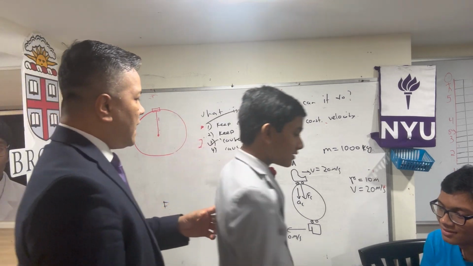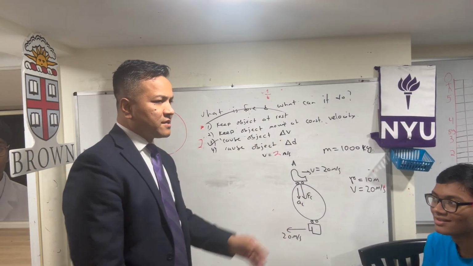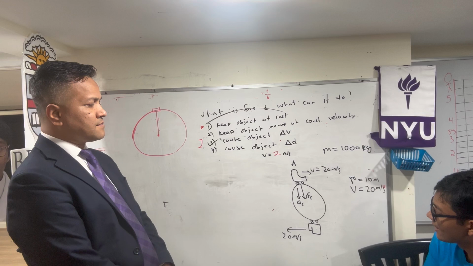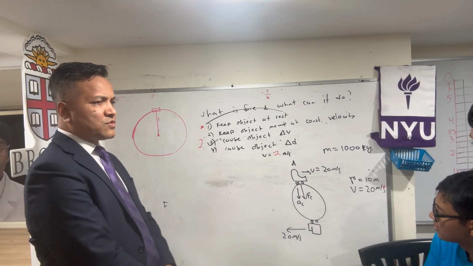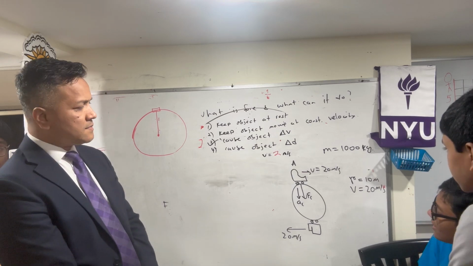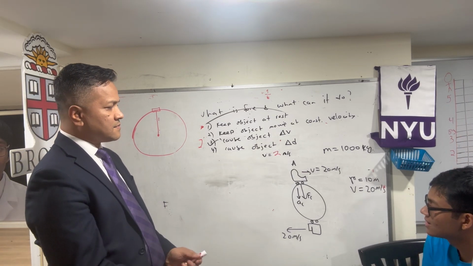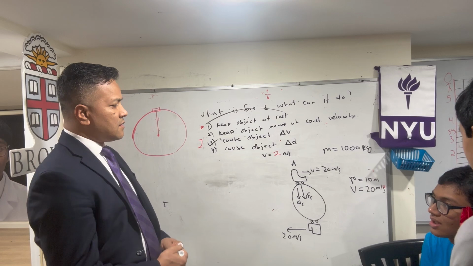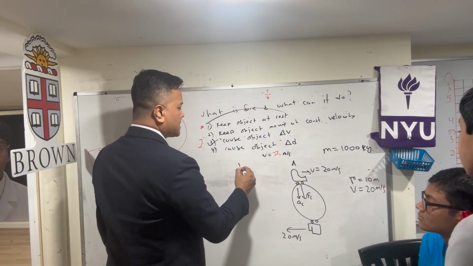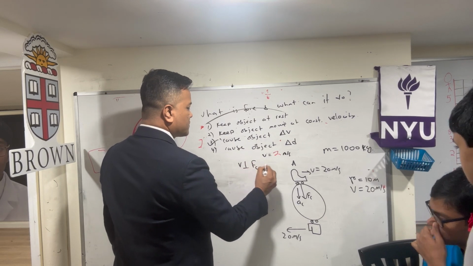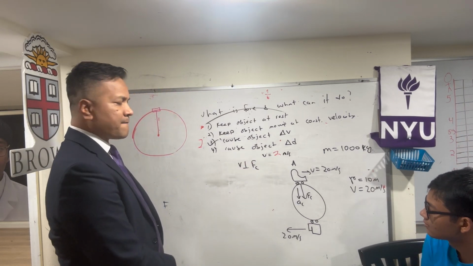Now sit. Can you tell me how many things you notice here? At least one thing you notice. The magnitude of the velocity is constant, but the direction of the velocity changes. You saw that velocity is perpendicular with respect to the force, and perpendicular with acceleration.